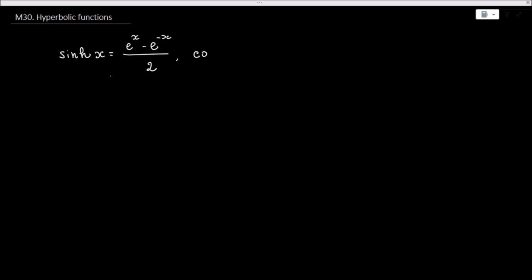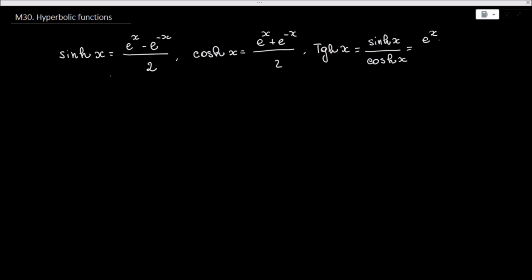Then we have the hyperbolic cosine of x, e to the x plus e to the minus x divided by 2, and the hyperbolic tangent of x equal to the hyperbolic sine of x divided by the hyperbolic cosine of x, which is simply e to the x minus e to the minus x divided by e to the x plus e to the minus x.